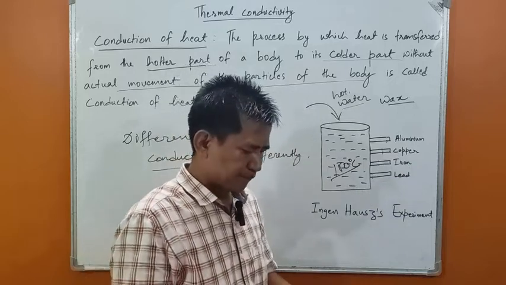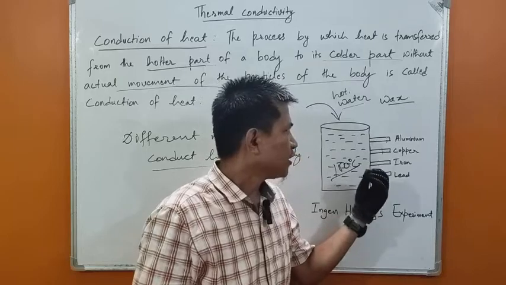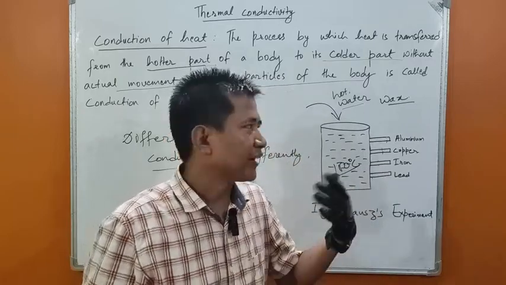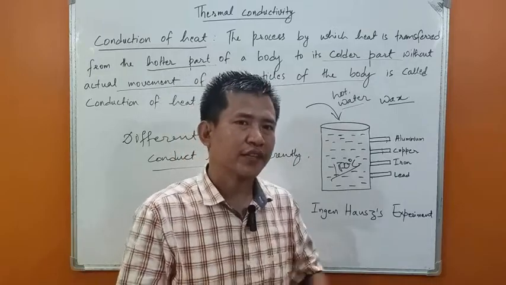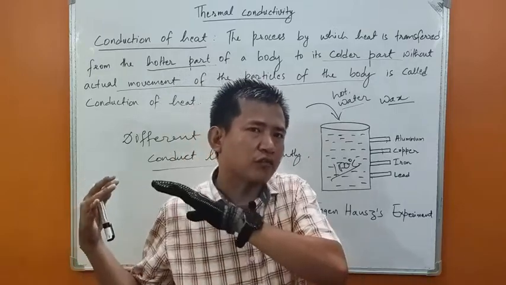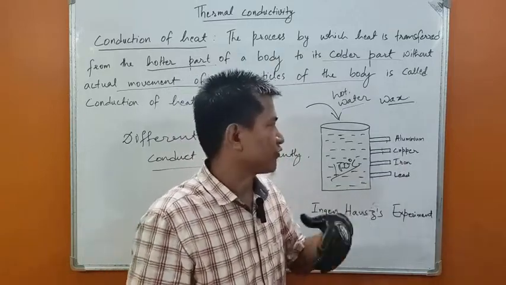From this, what we can conclude is, the metal which conducts heat very efficiently, or which allows more amount of heat energy to pass through that metal, is called a very good conductor of heat, isn't it?